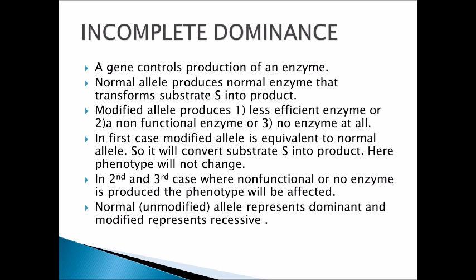Now, if you consider the second and third cases, in the second a non-functional enzyme is produced. Non-functional means this enzyme will not be able to convert substrate into product. And in the third case, the enzyme is not produced at all. So in both these cases, where a non-functional enzyme or no enzyme is produced, the phenotype will be affected, because no product will be formed.